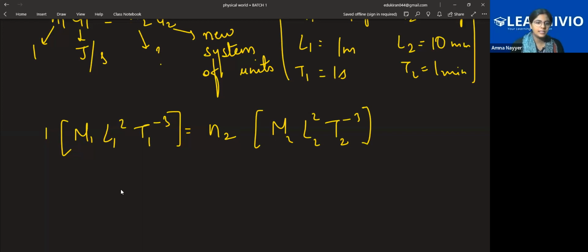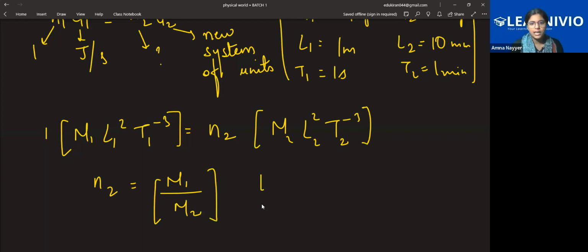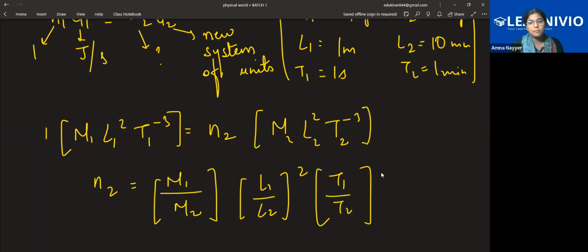Let us calculate N2. M1 divided by M2, L1 divided by L2 square, and T1 divided by T2 to the power -3.